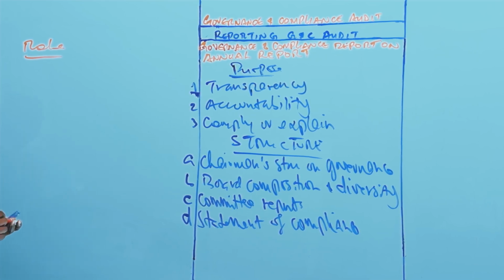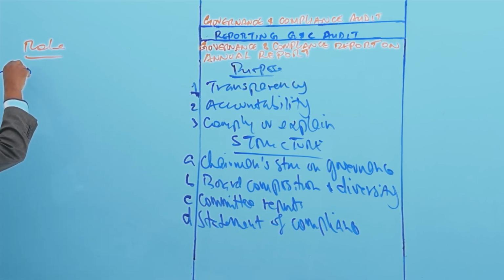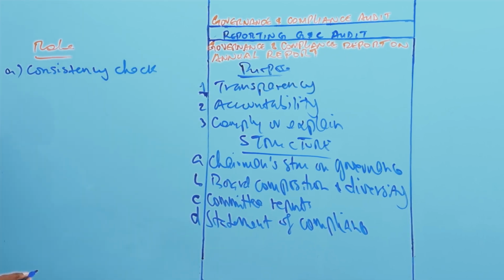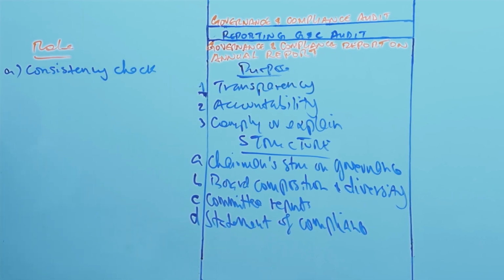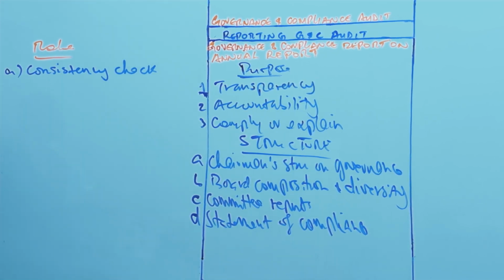For example, one role is a consistency check. The auditor reviews the governance report to ensure it is not inconsistent with the financial statements.